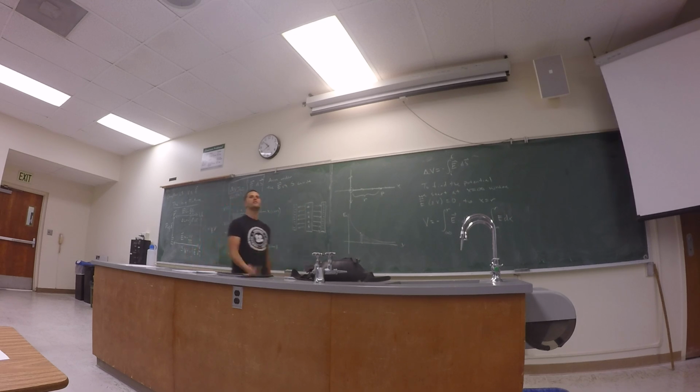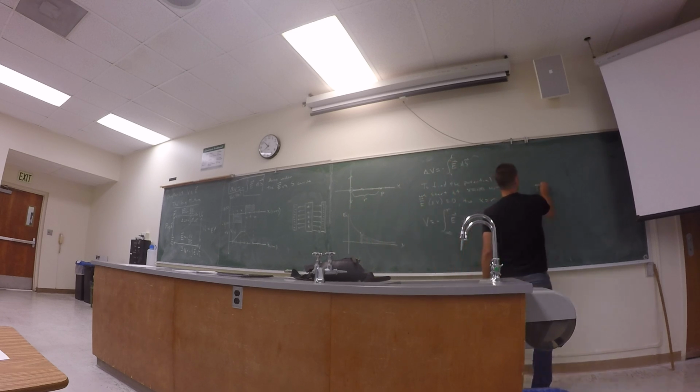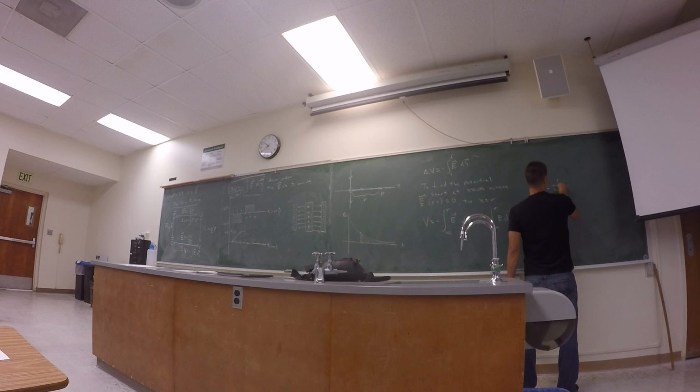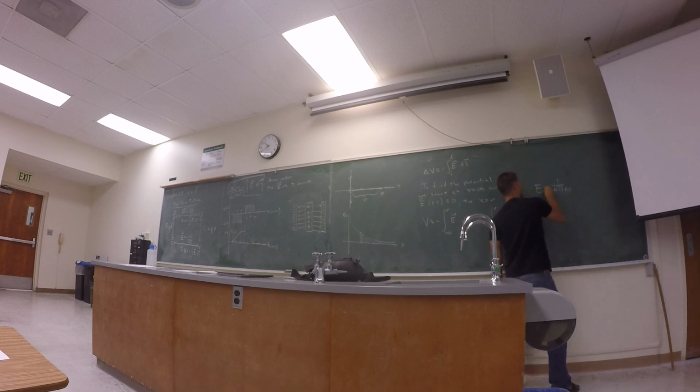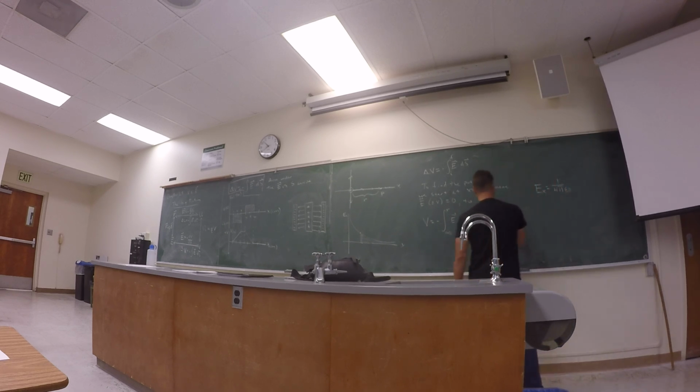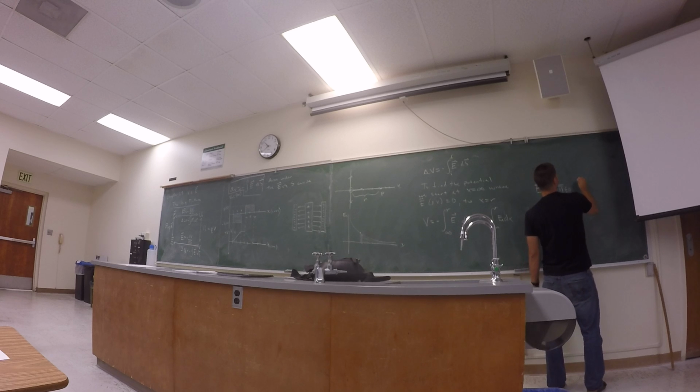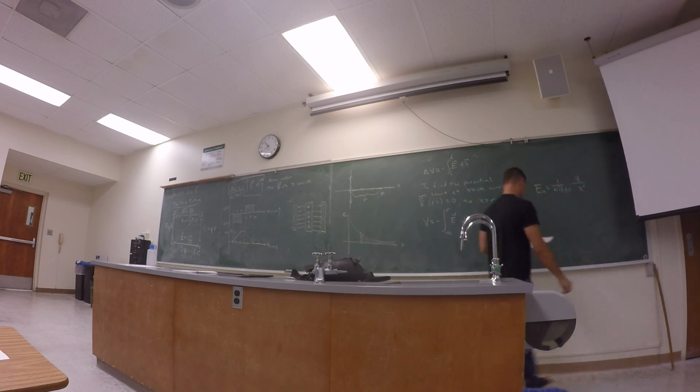And if I give you a problem like this, that will probably be the case because I don't want to give you some crazy path integral that you can't figure out. Now, E due to a point charge is equal to 1 over 4 pi epsilon naught, and we're talking about E in the x direction because that's really what this is, times Q over, in this case, x squared.